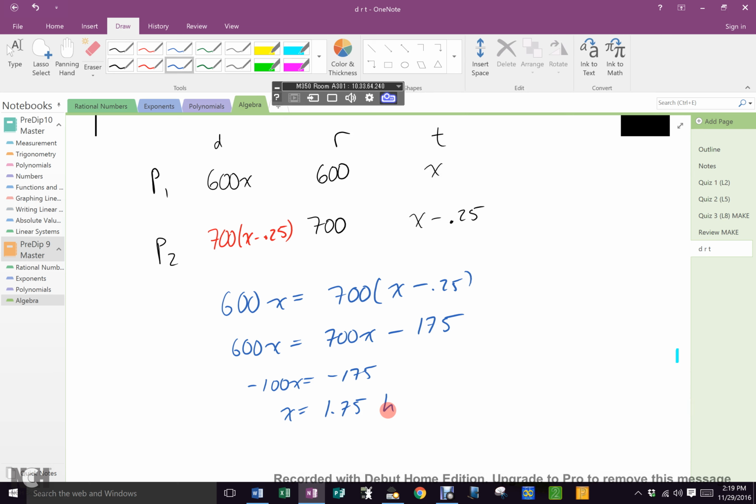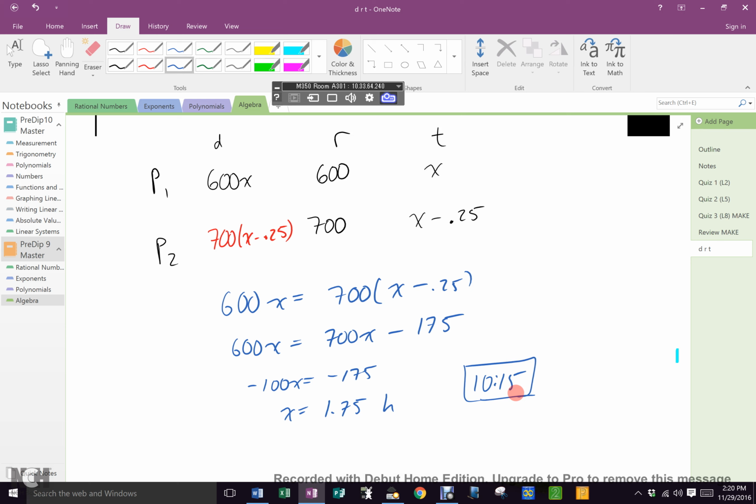It'll be 8:30, so 1.75 is an hour and 45 minutes, and if it left at 8:30, we're gonna be at 10:15.